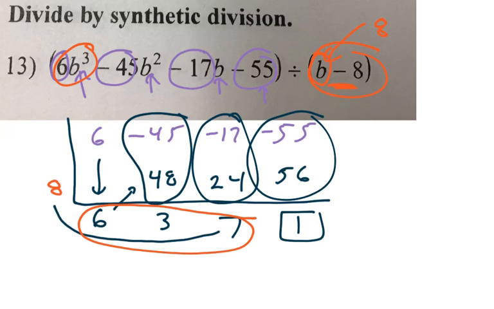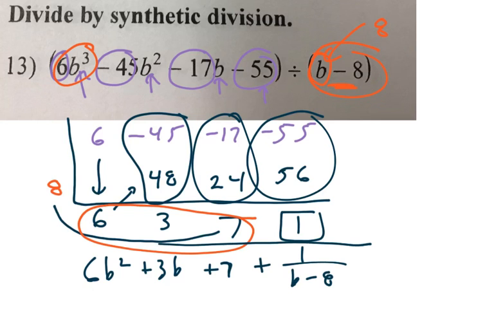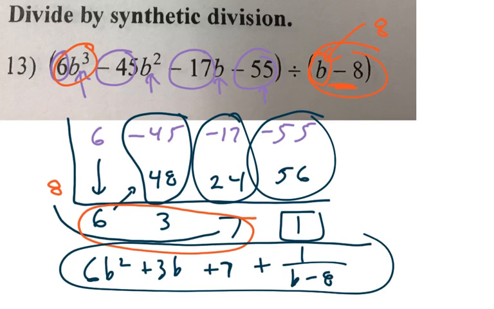That's a b squared, right? So what we actually figured out is we have 6b squared plus 3b plus 7 with a remainder of 1. And since we divided by b minus 8, this would be the same answer we would get if we did long division. So pause the video if you need to.